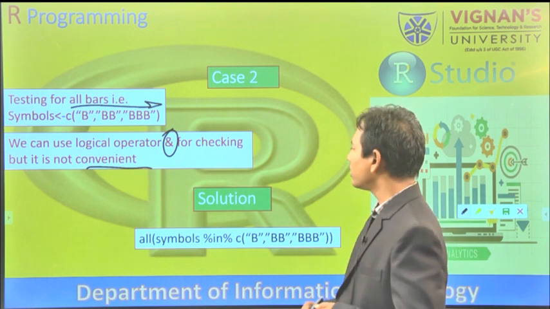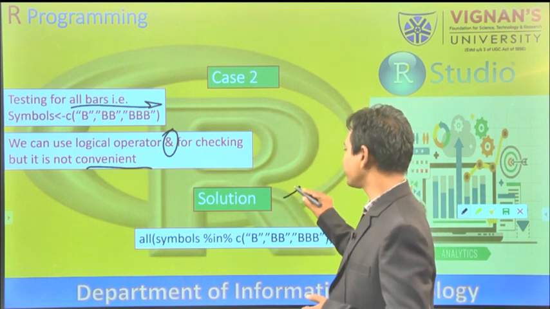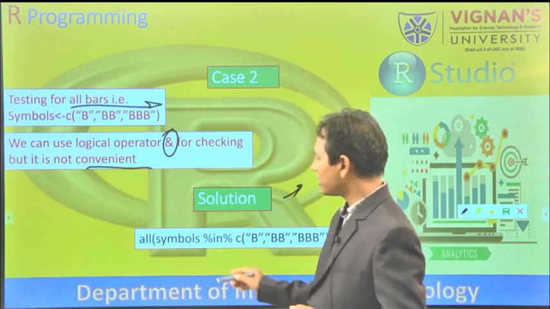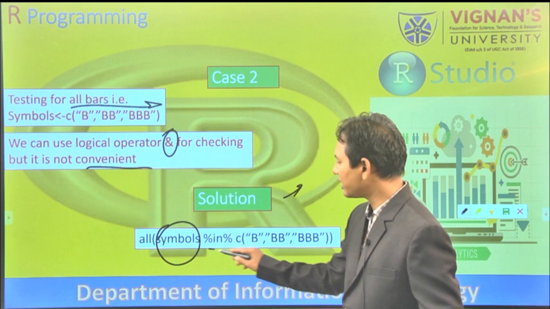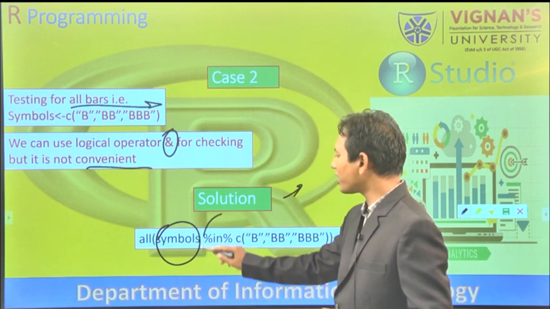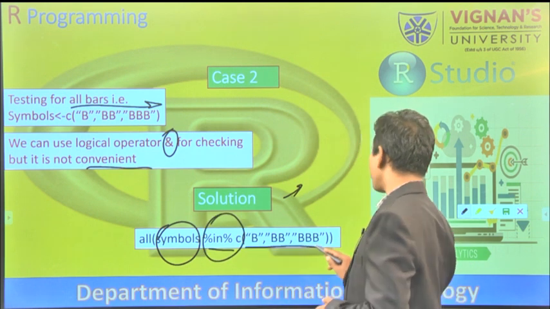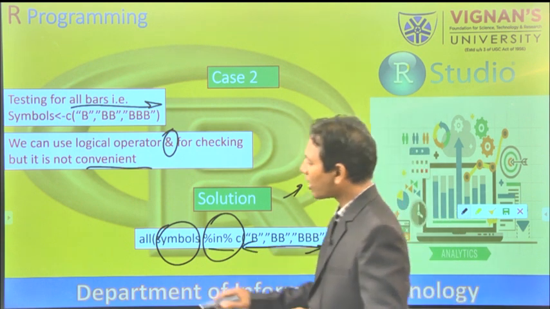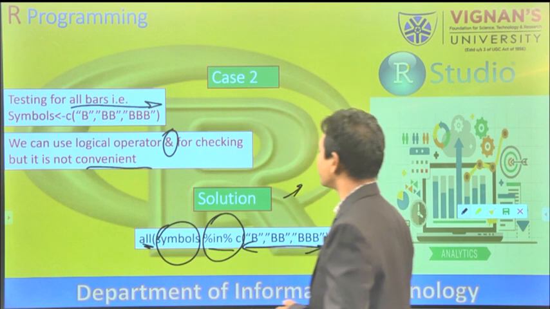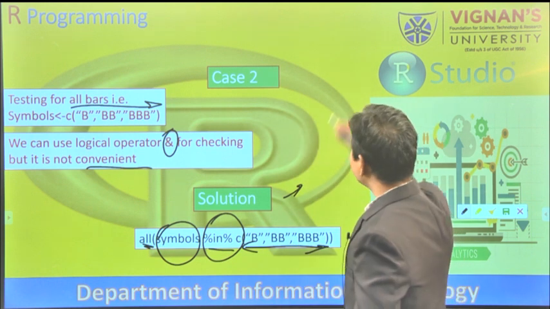So the best way is to check that symbols are in bars, using the in operator, and we have used the all operator. So how does this work?